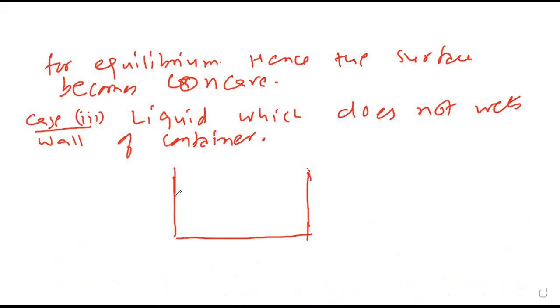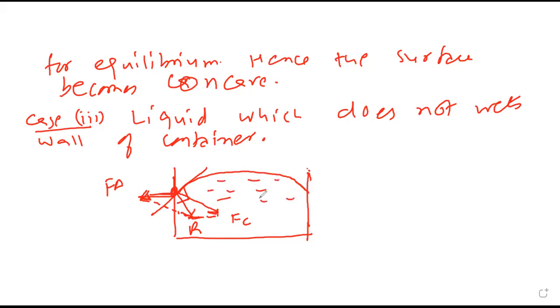In this case, at point of contact, cohesive force is greater than adhesive force. Where will be the resultant this time? Will it be inside? So for equilibrium, surface at the edges creeps downward, so that tangent will be perpendicular. That is why it becomes convex. So there are three surfaces: horizontal, concave, convex. Right, and draw diagram.